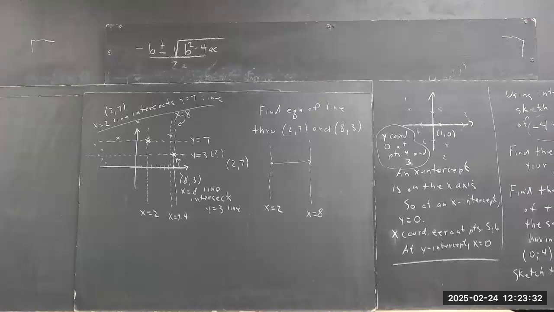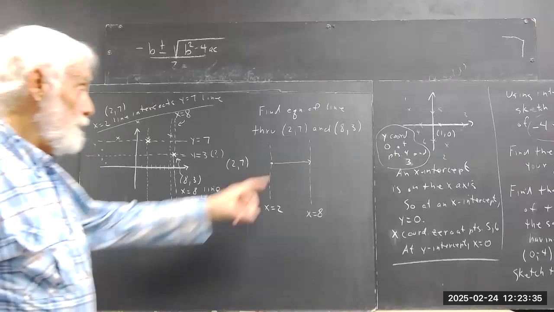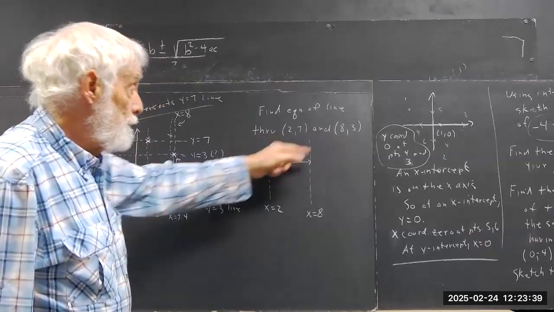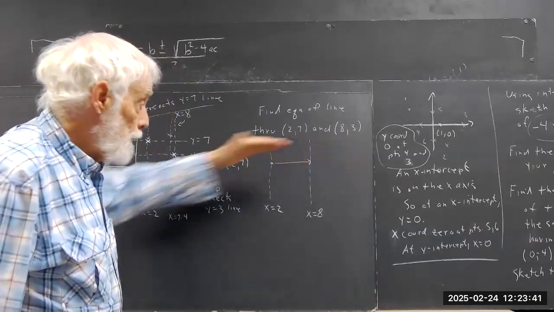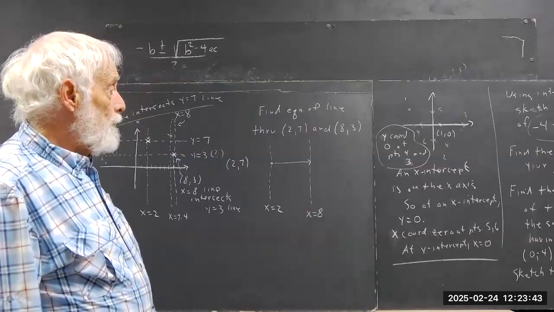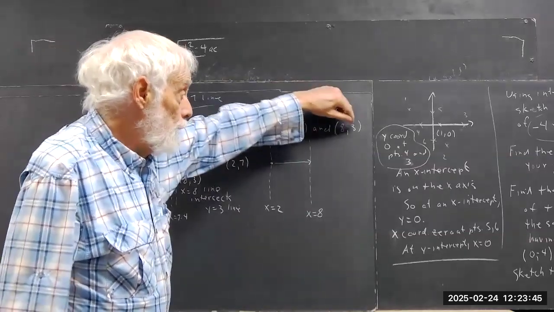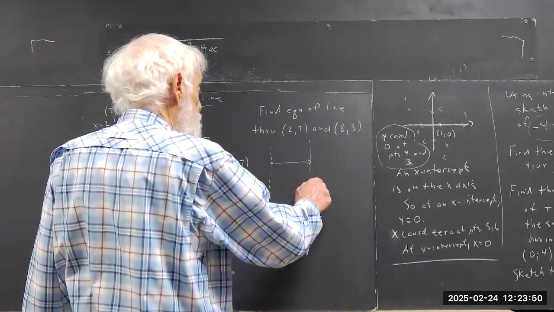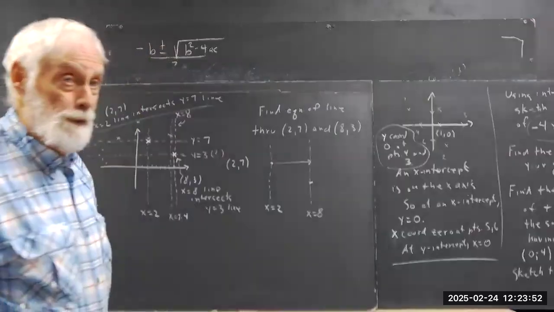Now, what I would hope, if we do this, is that we see that 8 is to the right of 2, because x=8 is to the right of x=2. And y=7 is higher than y=3. So when you draw these points, you should have drawn the second point lower than the first.